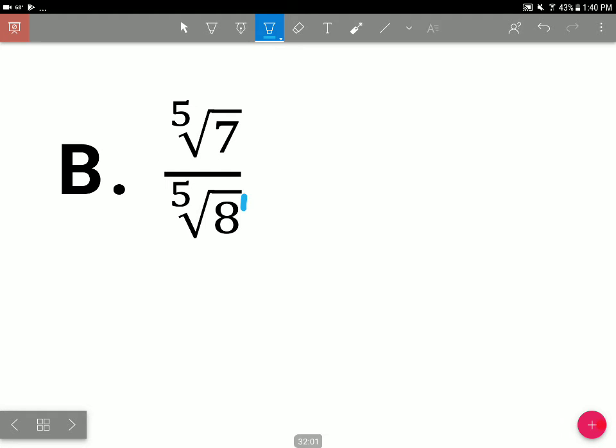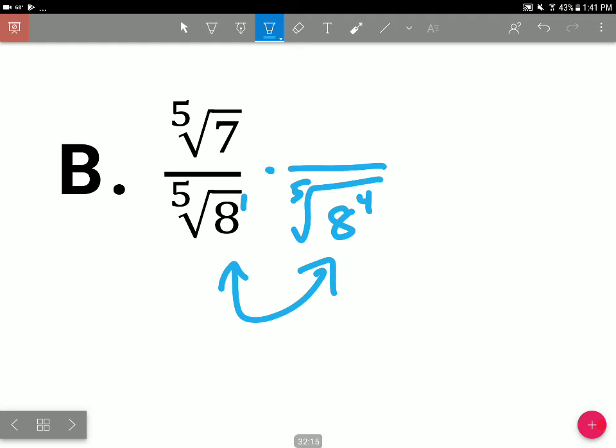So here's what I'm going to do. I'm still going to multiply it by a 5th root, but it'll be an 8 to the 4th. Still going to do the 5th root, but an 8 to the 4th, because these combine to the 5th root of 8 to the 5th. Everybody cool with me still?